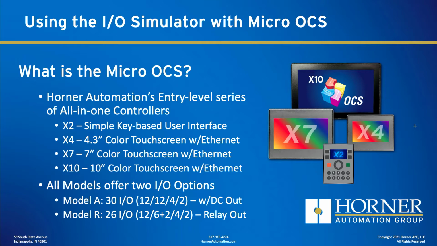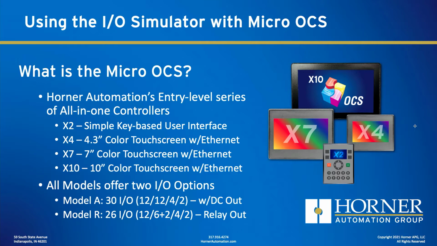Now, regardless of what size of unit you choose, you have 2 different options from an I/O standpoint. You've got the Model A, which has 30 I/O points, 12 digital in, including high-speed counting, 12 DC out, including high-speed outputs, 4 to 20 milliamp analog in, and 2 4 to 20 milliamp analog out.